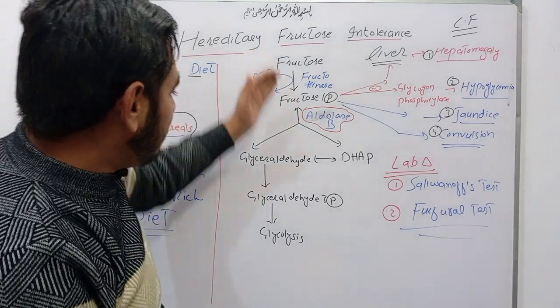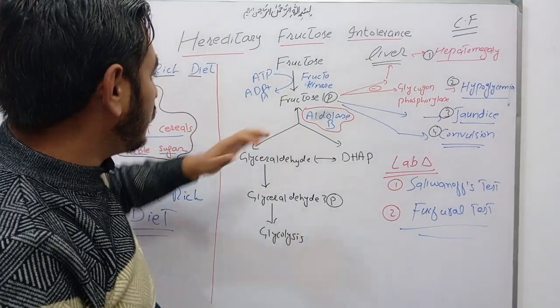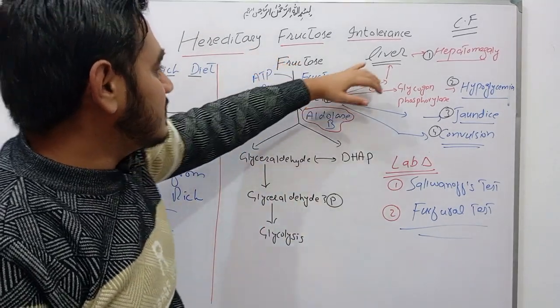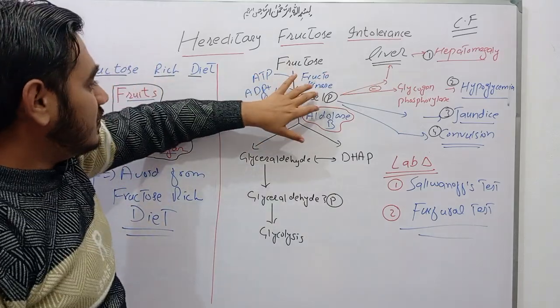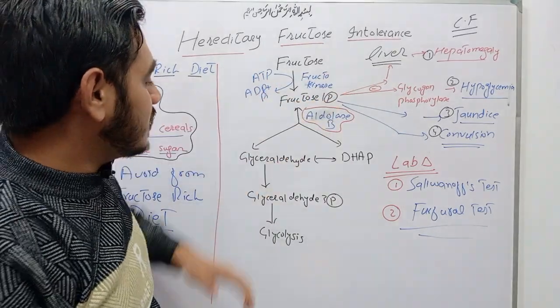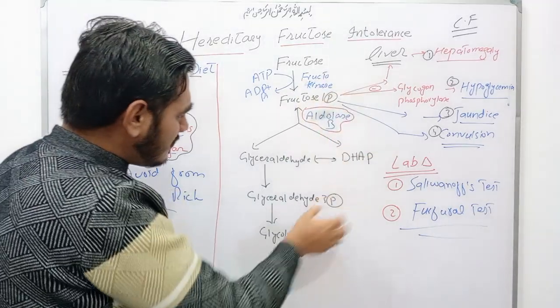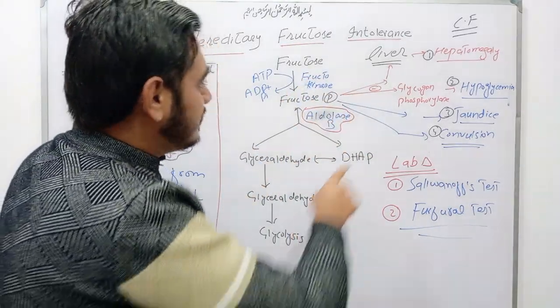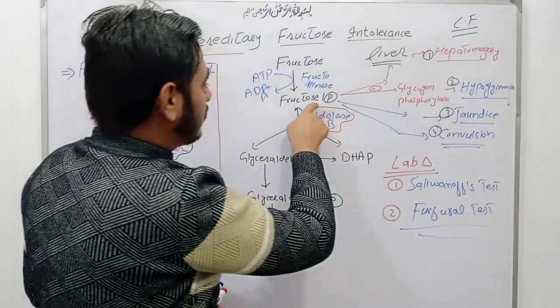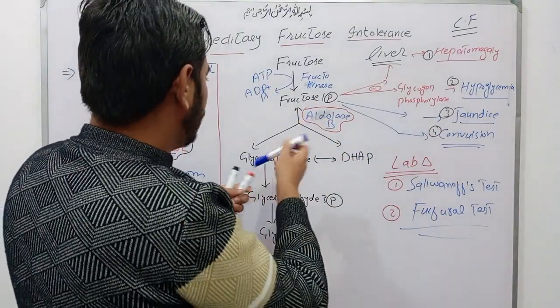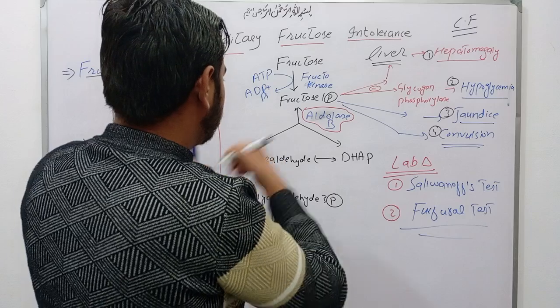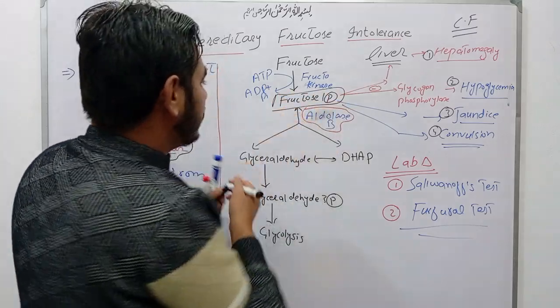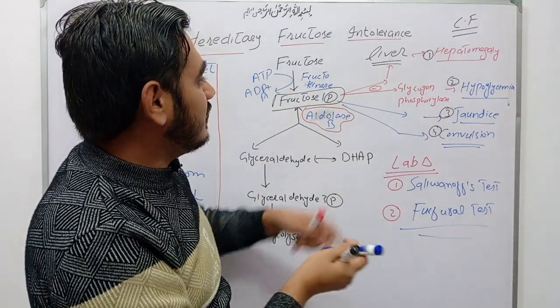Okay, this is the metabolism of fructose, and this metabolism takes place in the liver, and with the help of this enzyme it converts to fructose 1-phosphate, and basically there is a deficiency of aldolase B enzyme in this disorder. And these are the clinical features. This fructose 1-phosphate accumulates in the liver.